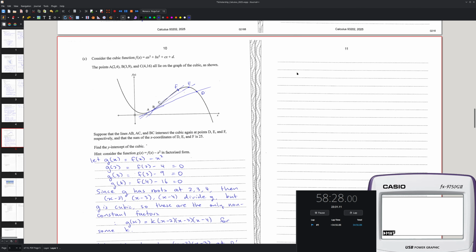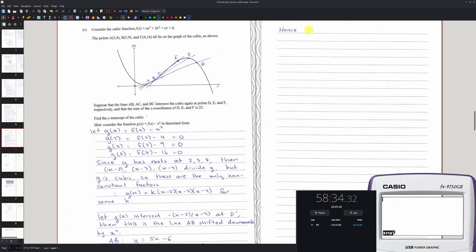So hence negative x minus 2, x minus 3 into 6 is g of x at D prime, and D prime has the same x coordinate as D, right?